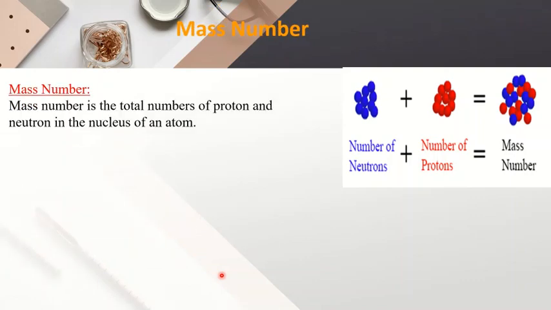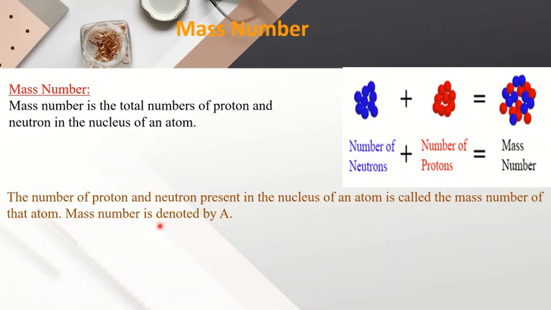Mass number is the total number of proton and neutron in the nucleus of an atom, or we can say the number of proton and neutron present in the nucleus of an atom is called the mass number of that atom. Mass number is denoted by A.